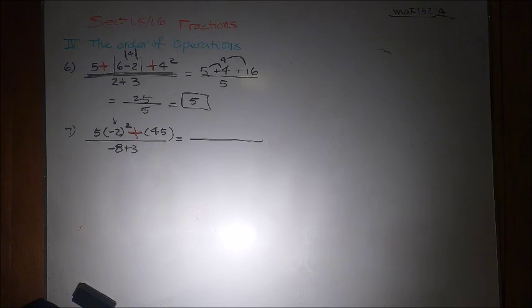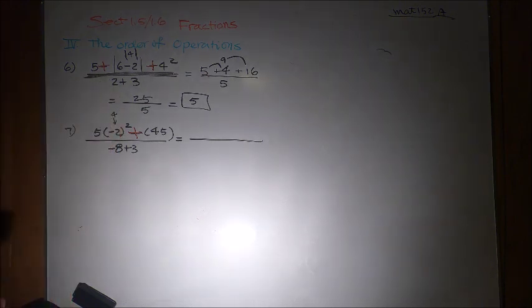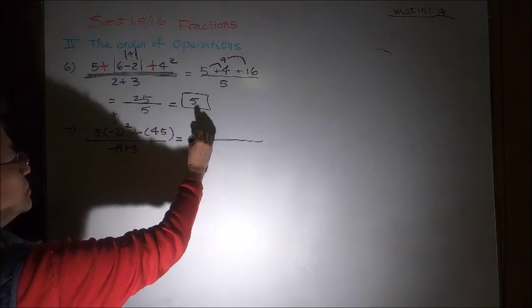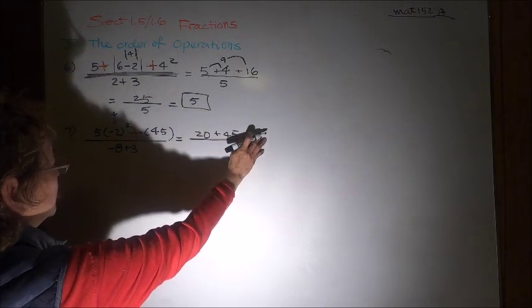And -2 squared, -2 is your base. Multiply twice. -2 times -2. Is it positive or negative? Positive. So that's 4, right? Then 4 times 5, that would be 20 plus 45, right?